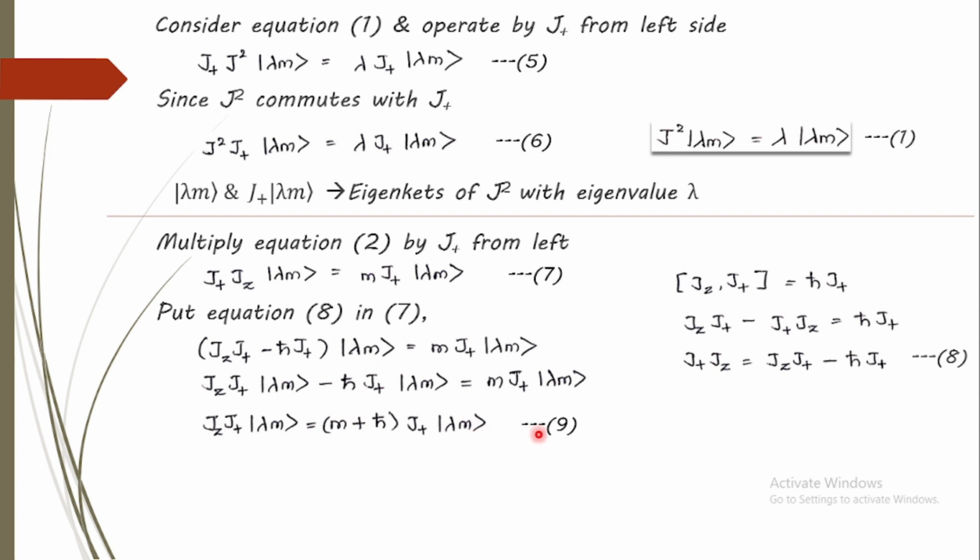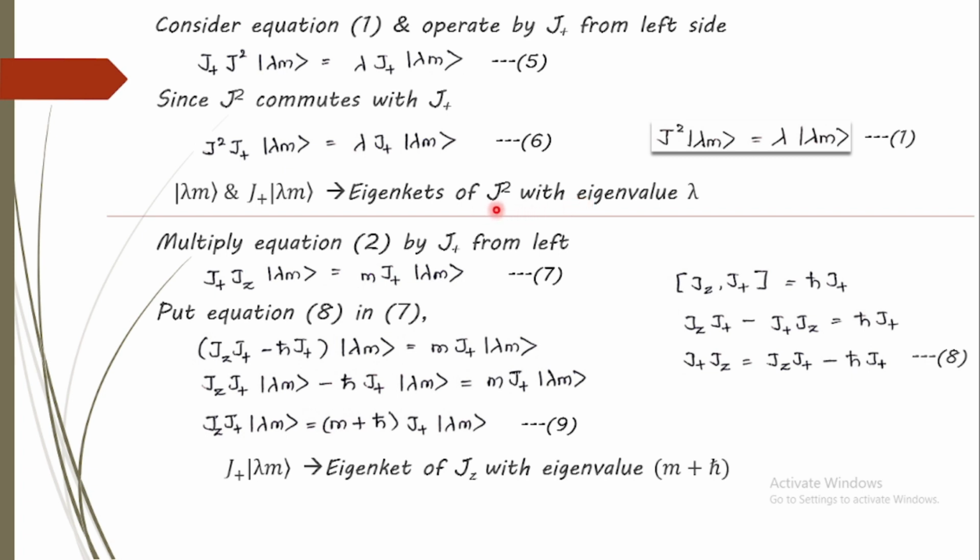Let us call it equation number 9. Just by looking at it, we can say that j plus ket lambda m is an eigenket of jz with eigenvalue m plus h cross and of j square with the same eigenvalue lambda. So what has happened here?